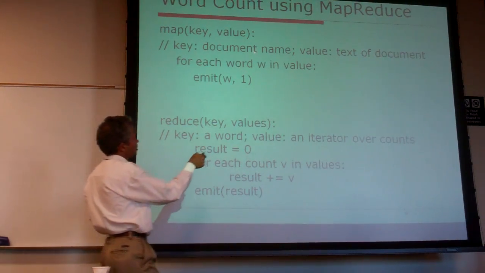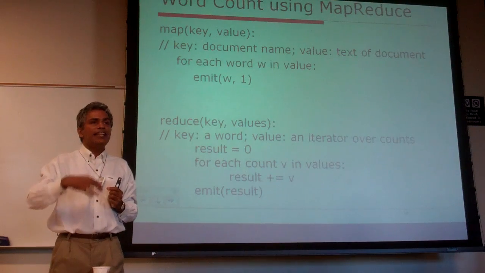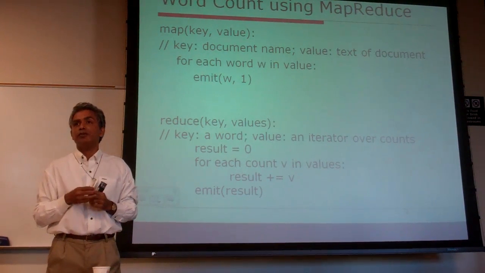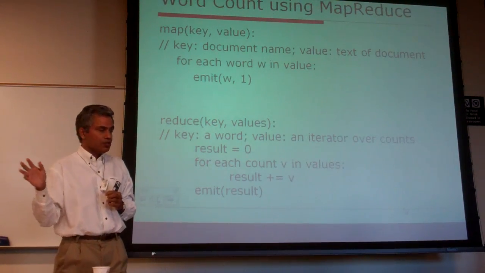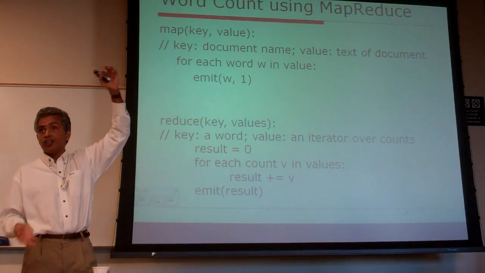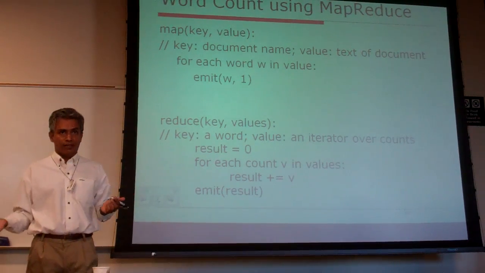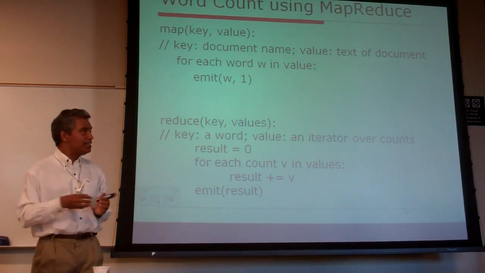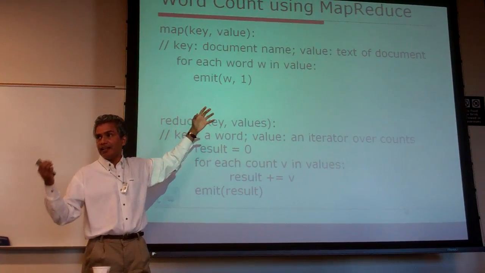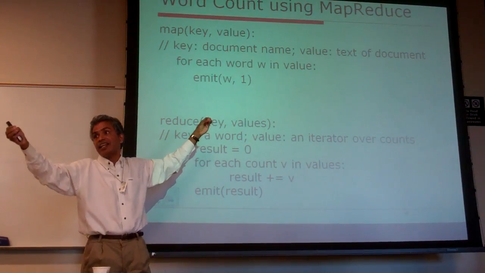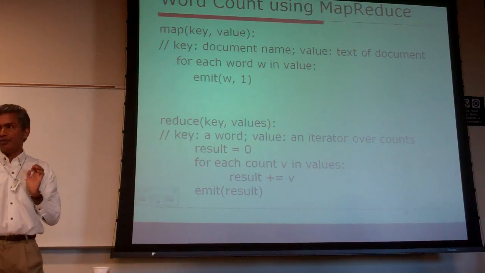The interesting part about this map routine is that each instance might be running in parallel on a different CPU. So if you have, let's say, 1,000,000 documents, you might give 100 documents to each machine. And each machine will then emit these (W, 1) pairs, that is, each word and the fact that it occurs. That's all it does. It's an almost trivial thing to do.